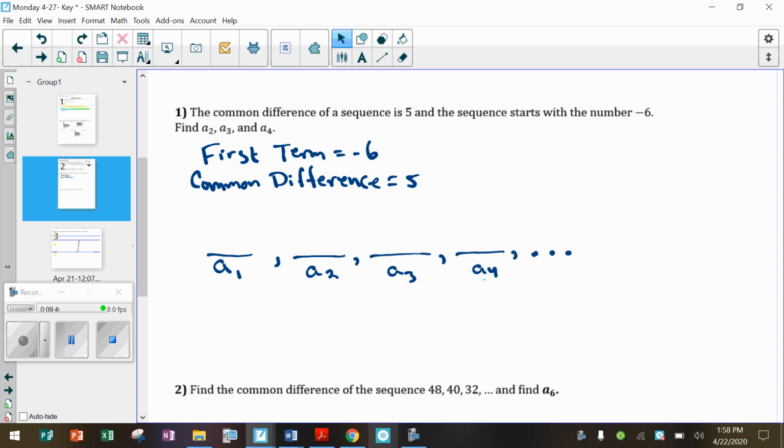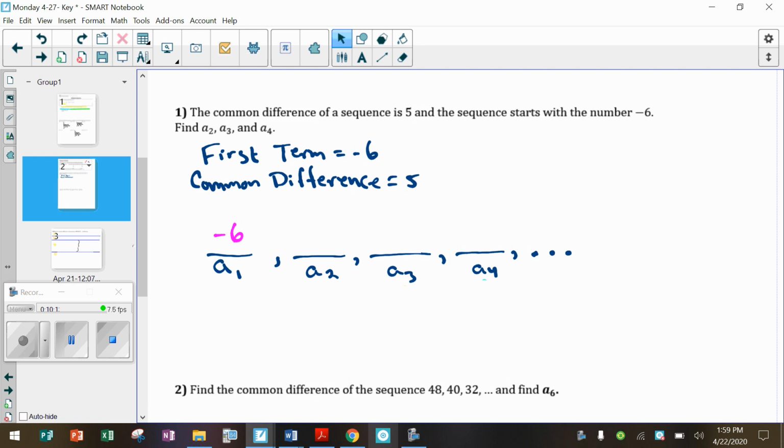So we lay out a sequence that we can fill in with the given information. A sub 1, our first term, is given as -6. We are looking for term 2, A sub 2, term 3, A sub 3, and term 4, A sub 4.